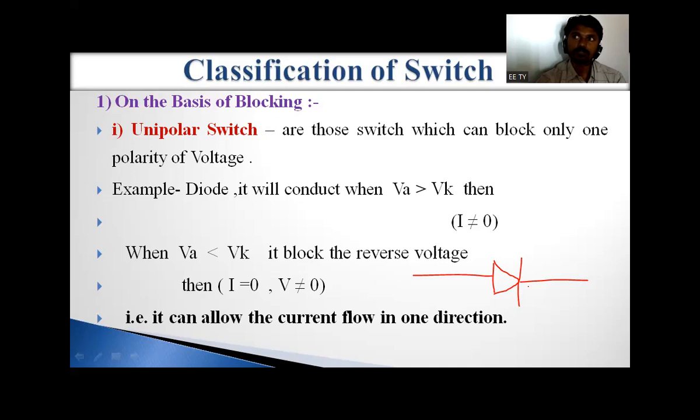Diode. This is the anode and this is the cathode terminal. If we apply the voltage, this one positive and this one negative, so when the anode is made positive, the current flows through the switch.